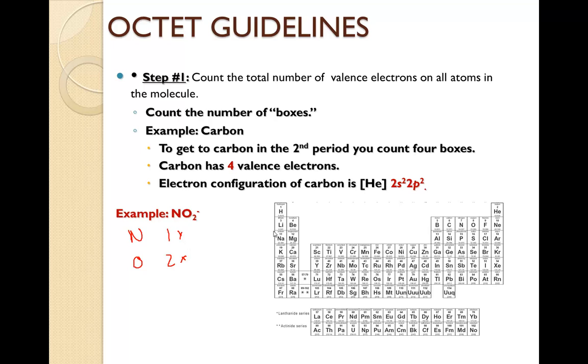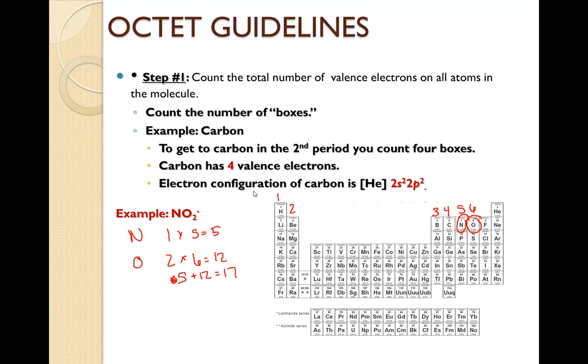Now we need to figure out what those valence electrons are. Nitrogen's here, oxygen is here. 1, 2, 3, 4, 5, 6. So nitrogen has 5 and oxygen has 6. That comes out to be 17.